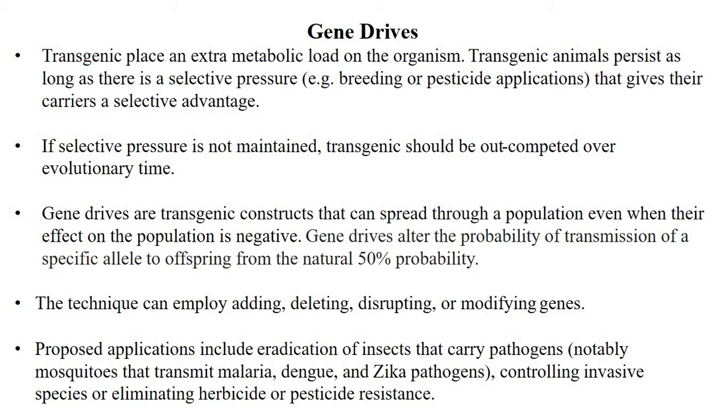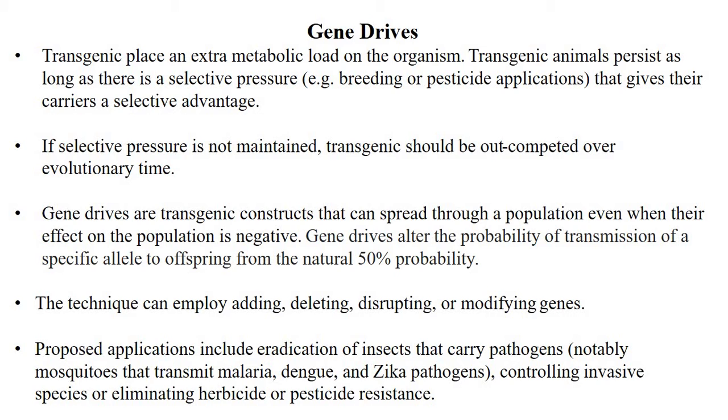If we are trying to release, for example, transgenic insects that are insecticide resistant, they will only be advantageous when there is an insecticide, so the wild population will be lower at that point. These individuals can survive when there's pesticide application, because it gives a selective advantage to the carrier.